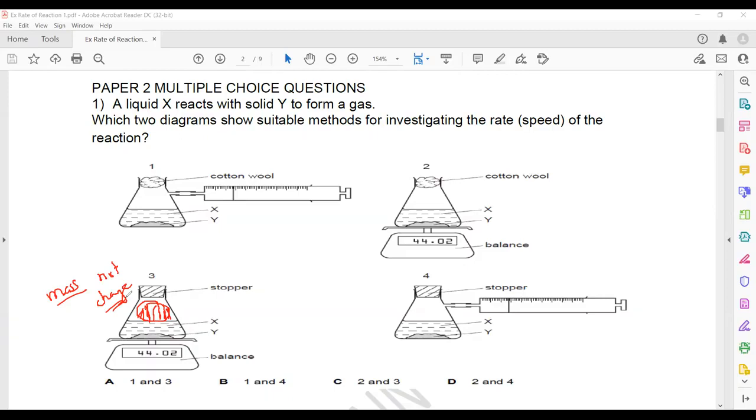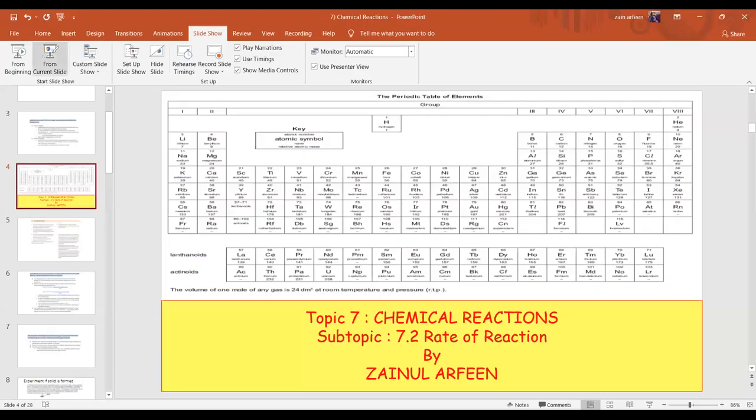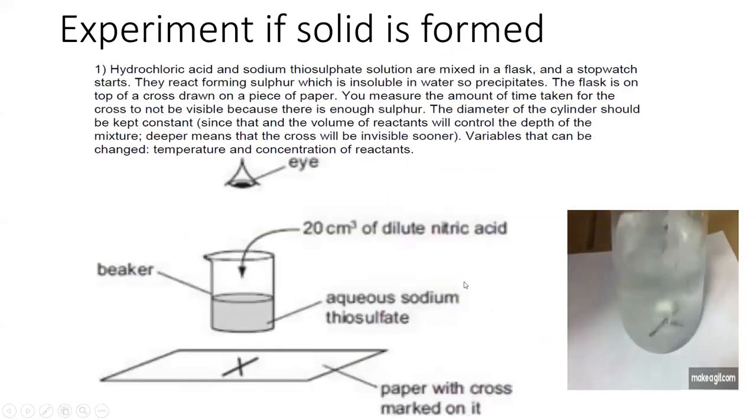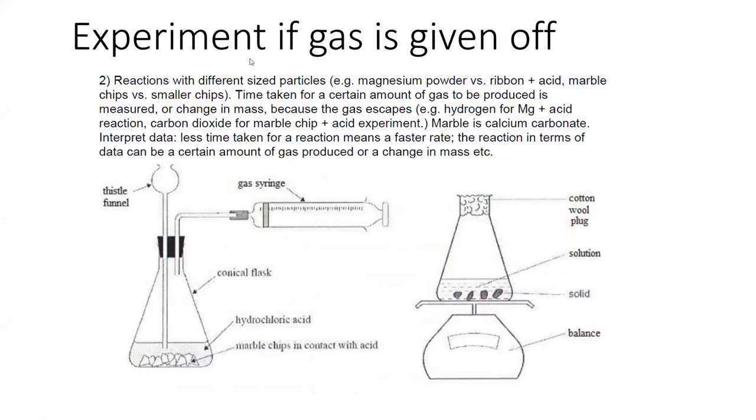Whenever a gas is given off, there are two ways to measure the rate or speed of reaction. Number one, you can measure the volume of the gas given off, or you allow the gas to escape. If you want the gas to escape, you should not place a stopper.